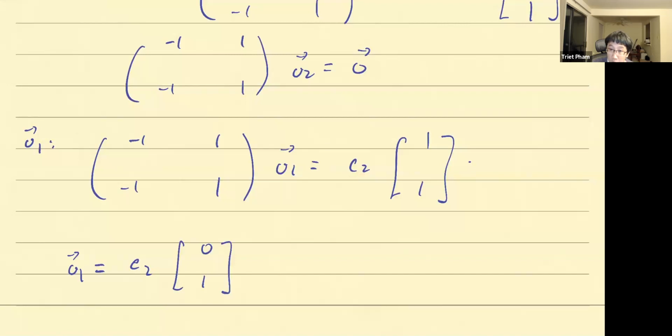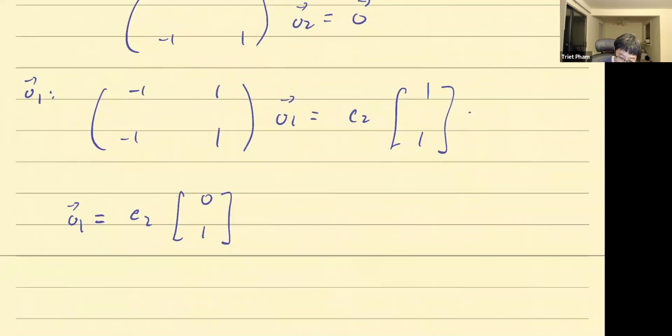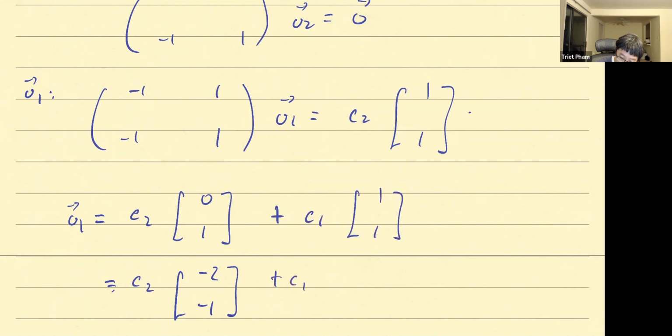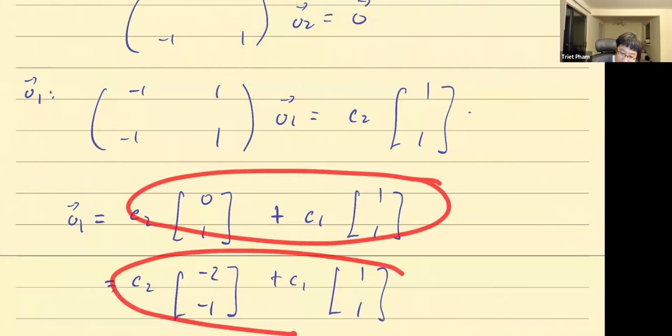(-2, -1) also works. So if you want, Sagar, you can do this. But then both of you, Albor or Sagar, you must then add C1 times (1, 1). And I hope you see that both of your classes are the same.